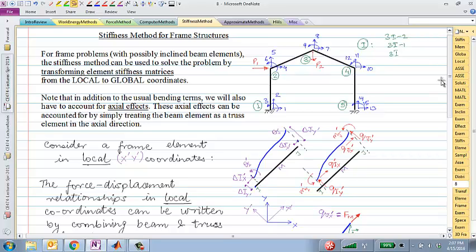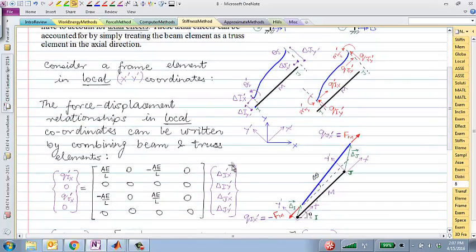And similarly, if I were to give an axial displacement of delta j, again in the x prime direction, it's a truss element which I've extended, so that's a tension, which we already know is in the amount of AE over L times delta L. So in the axial direction, I already know from my truss stiffness matrix that if I have delta i x prime, delta i y prime, delta j x prime, delta j y prime, and the nodal forces q i x prime, q j x prime, and 0, 0, of course, because for a truss element you cannot have transverse forces.